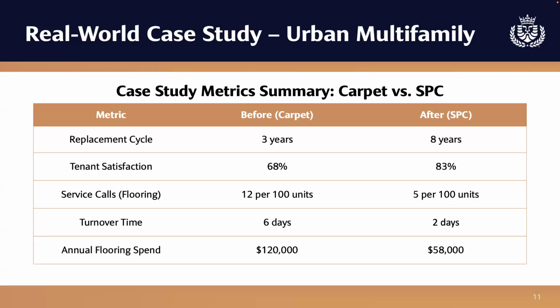Within about 3 years, they reduced their flooring service calls by 50%. Turnover time was cut from 6 to 2 days and they dropped their annual flooring budget by about $60,000. So you can see where putting the right floor in is going to provide you a far better return on your investment.